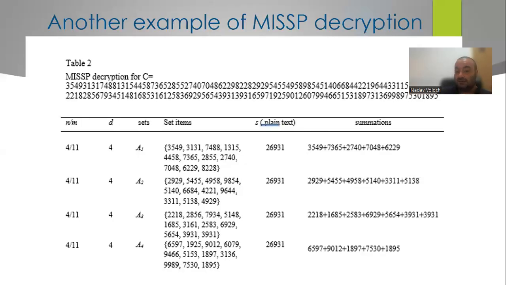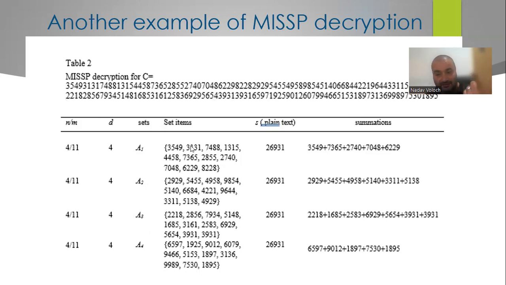Here we can see several examples of the MISSP decryption. We can see, again, that we're talking about very large numbers. This is actually what makes the scheme more robust. And we can see here that there's a large number, and we have the N and D. The N, as I said, is the number of sets. You can see that there are 4 sets here. 11 is the number of items in the set.